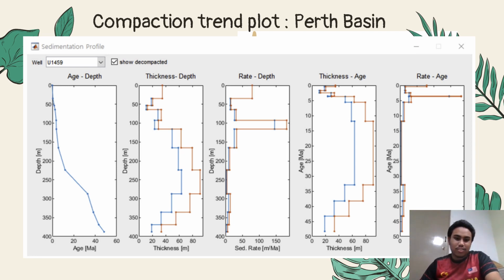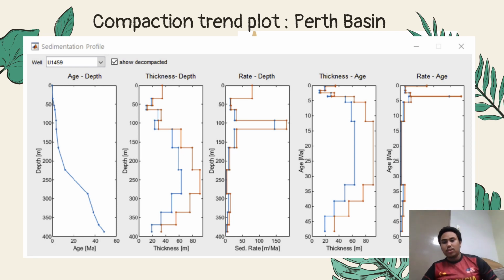Next is the depth and the rate of sedimentation. As you can see, the highest sedimentation rate is at 100 to 150 meters compared to other depths. For the thickness over age, the layer with the biggest thickness is from 15 million years ago until 35 million years ago.